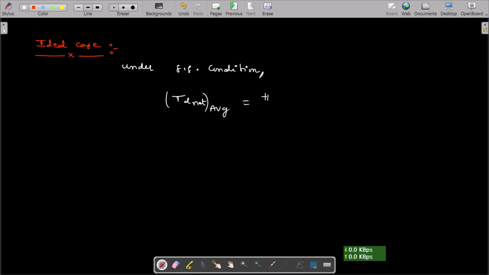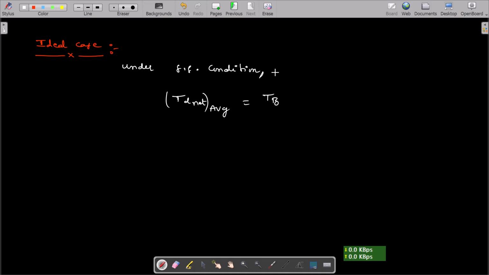Now let us take the ideal case. Under steady state condition, the average deflecting torque developed in the disk will be equal to the braking torque developed in the disk.